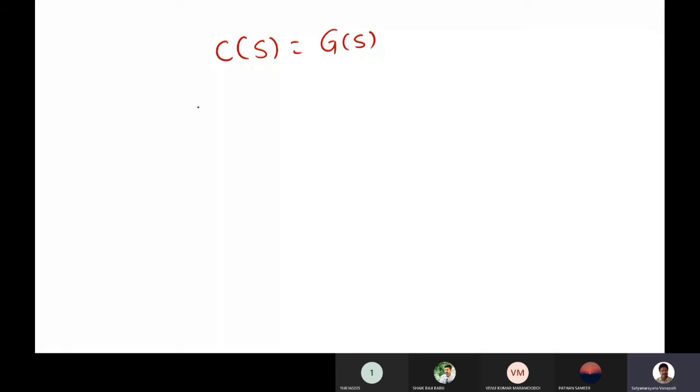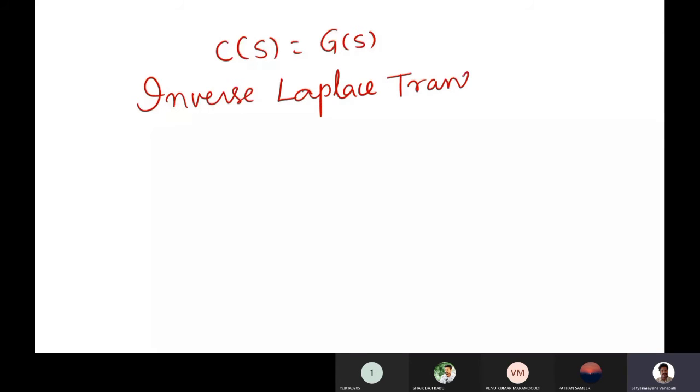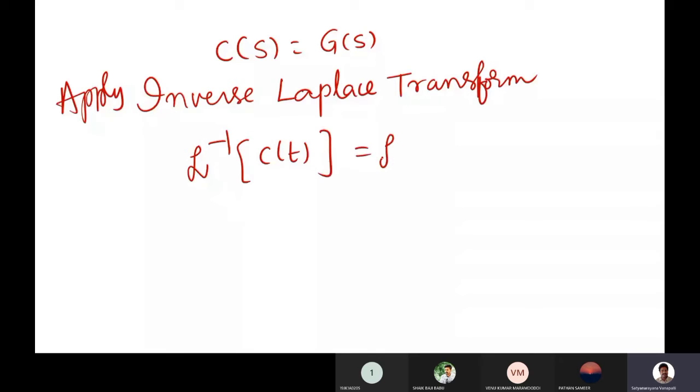To find out the variation of output with respect to time, we need to apply inverse Laplace transform on both sides. So inverse Laplace transform of C of s is equal to inverse Laplace transform of G of s.